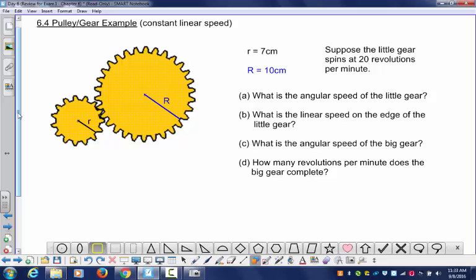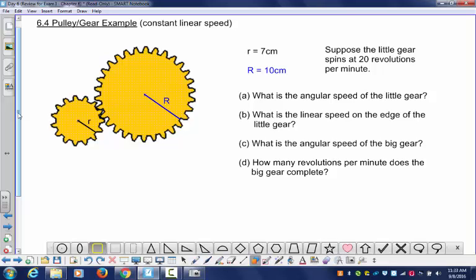So this is like the bike problem, pedaling the bike, a point on the chain or a point on one of the gears is moving at the same linear speed if you're pedaling along at a constant velocity.